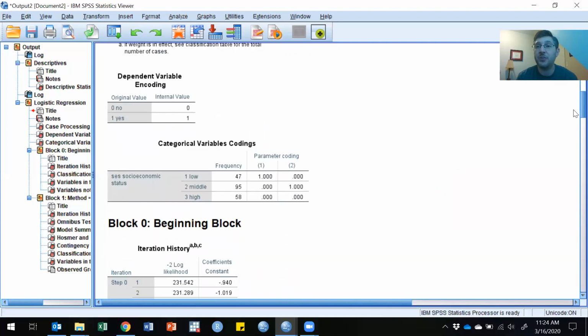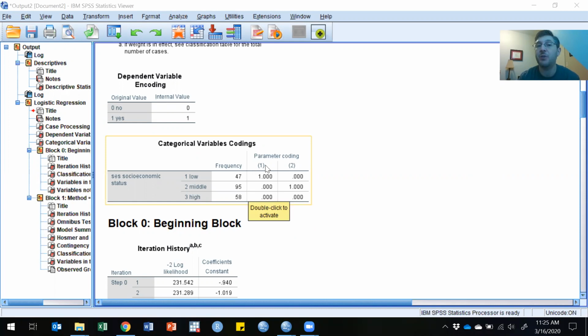If you have categorical variables in your model, this table indicates how the categorical variables are coded. We set the high SES group as our reference value. So here it's doing the dummy coding or indicator coding for you.